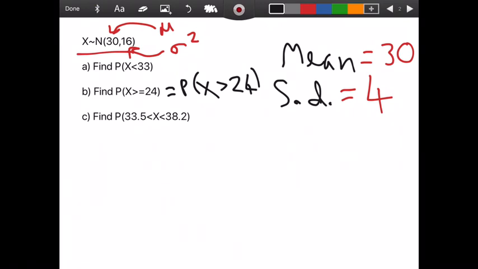So no people are exactly 24 centimeters or exactly whatever this may be. No people are going to be exactly on 24 because this is continuous data. So it's the same to say greater than or equal to, or just greater than.